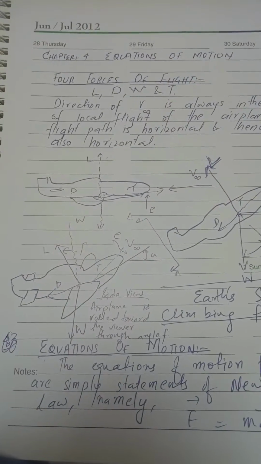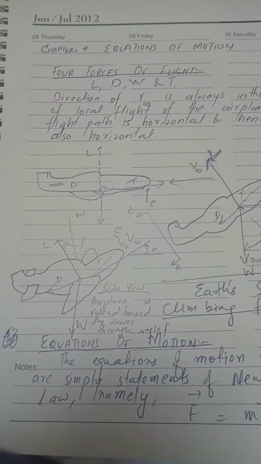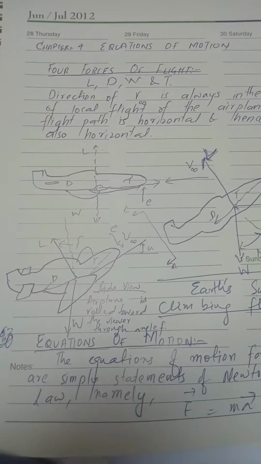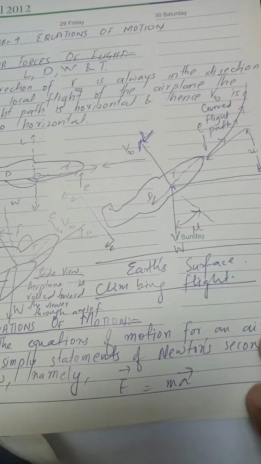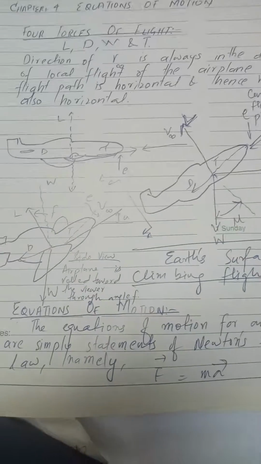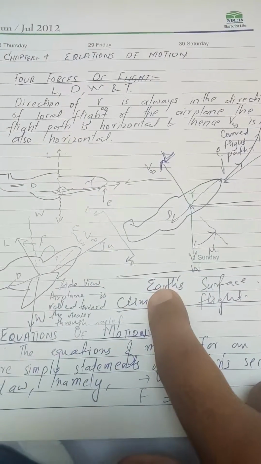The equations of motion, four forces of flight: lift, drag, weight, and thrust. The direction of free stream velocity, which is V infinity, is always in the direction of the local flight of the airplane.